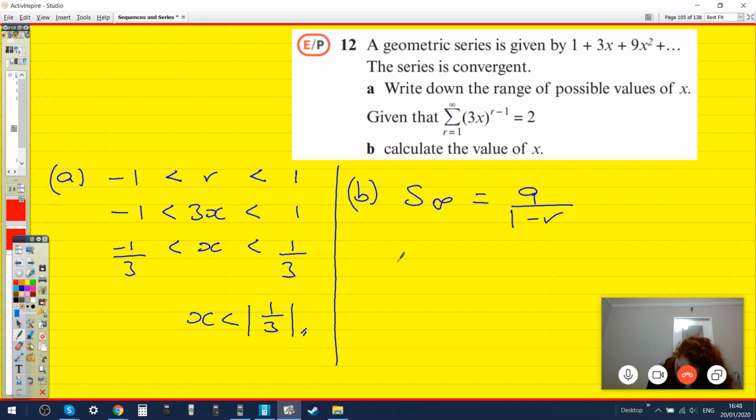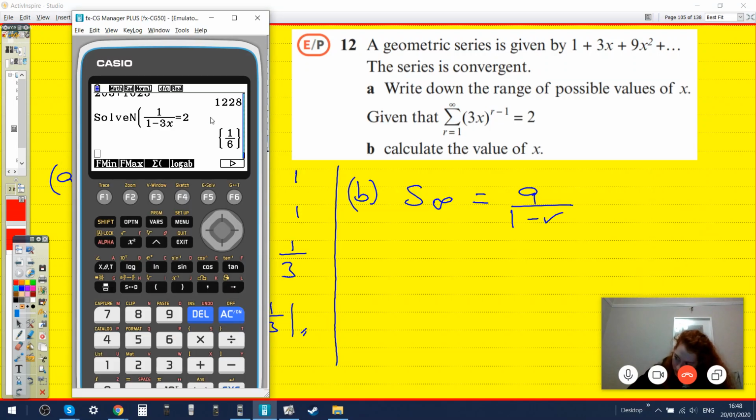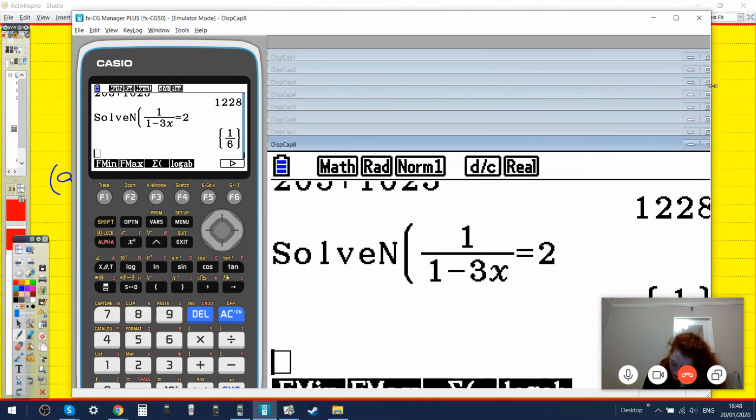So A for this one. Is it just 3x? R is 3x. Oh, A is just 1. And then R is the 3x. And then that equals 2.